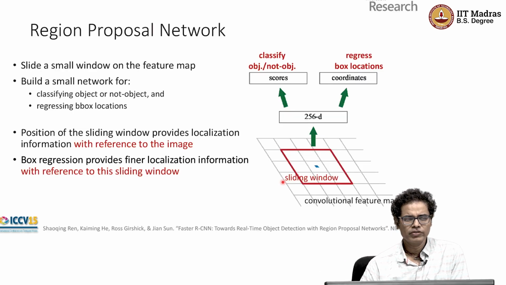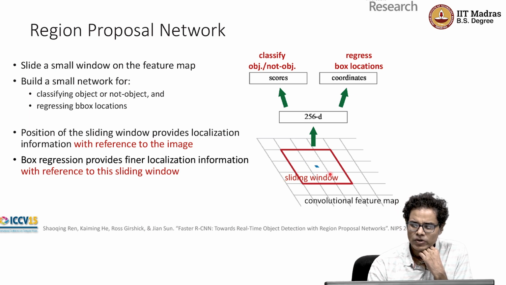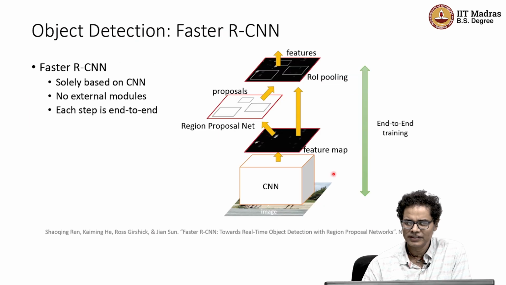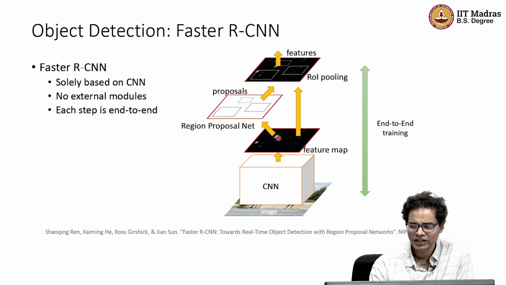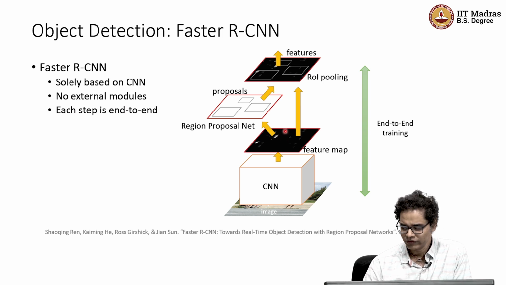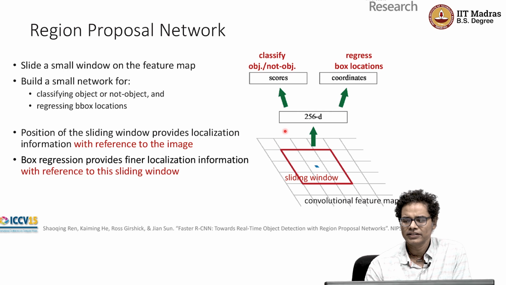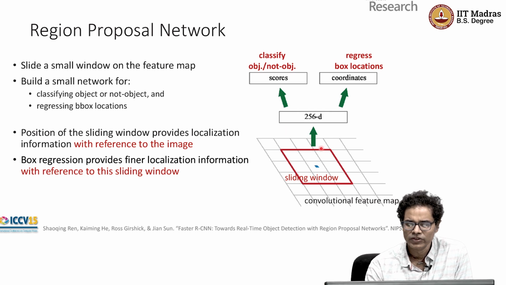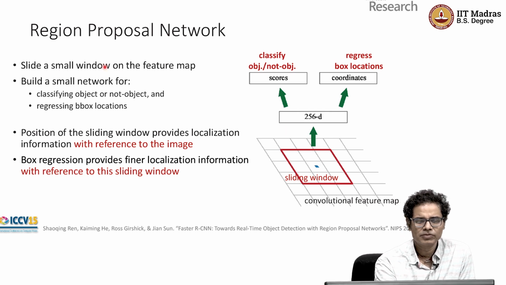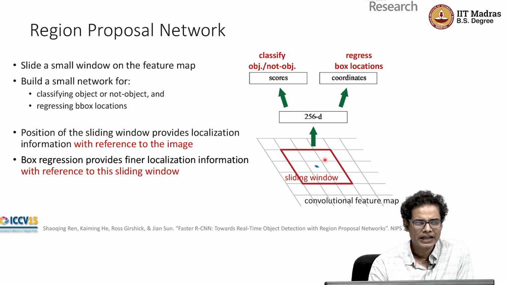And how do I do this region proposal network itself? So we go to this convolution feature map. And then what is done is you do a sliding window, kind of. You slide a small window on the feature map, and we have a small network which classifies whether an object is present or not.